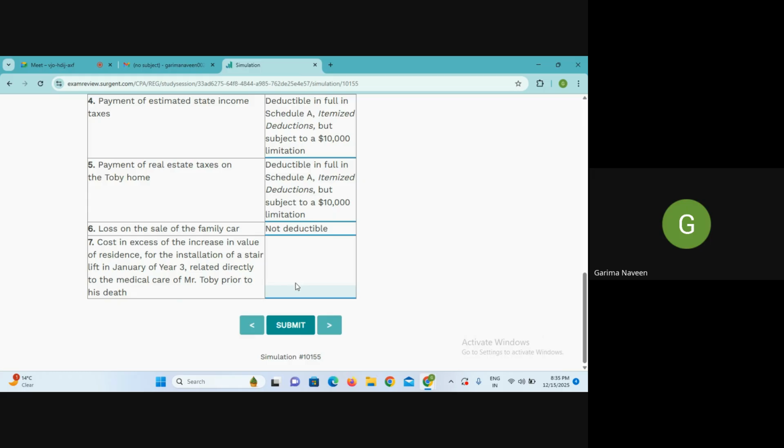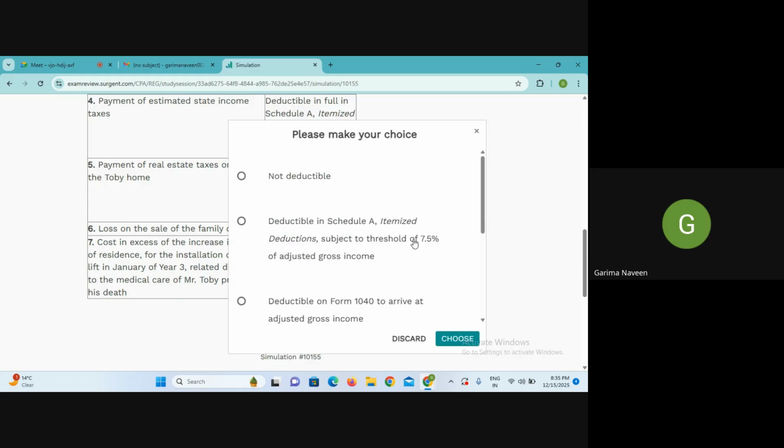So what do you think, whether this expense will be deductible or not deductible? Certain modification in home or certain addition in the home which is a medical need.